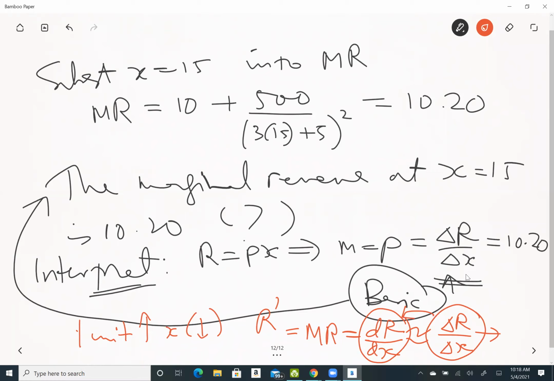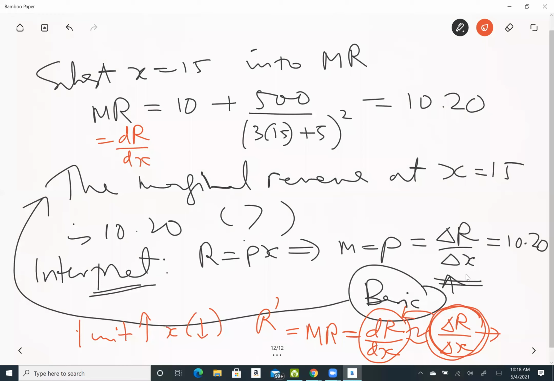So if you look at the marginal revenue that you get from the derivative, dR/dx, how do you interpret it? You interpret it using this basic idea. If X increases by 1 unit, what happens to the revenue? Revenue will increase by 10.2.